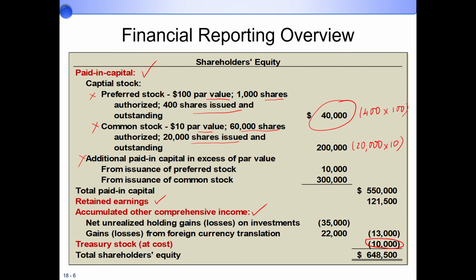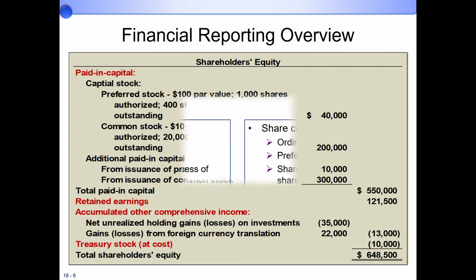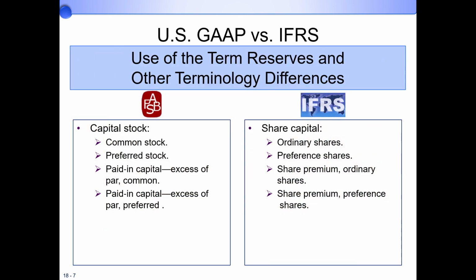Okay, so we just talked about the components of shareholders' equity. Let's compare, just quickly talk about the international accounting standard, IFRS. You can see IFRS is very similar to U.S. GAAP regarding shareholders' equity, but the terminology is different. In U.S. GAAP we call it capital stock, but in international accounting standards it is called share capital.